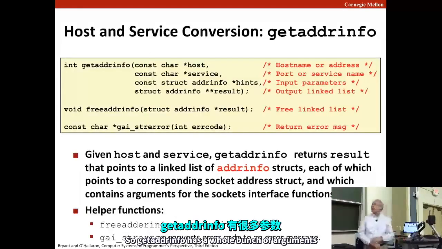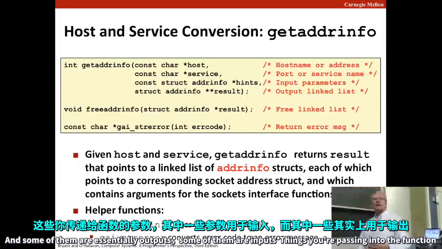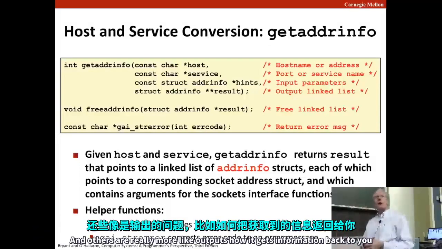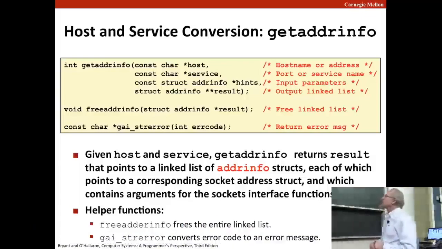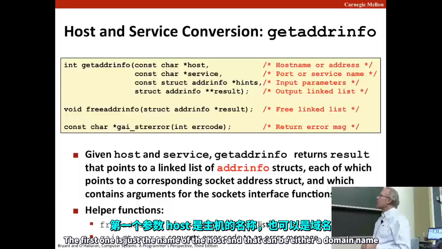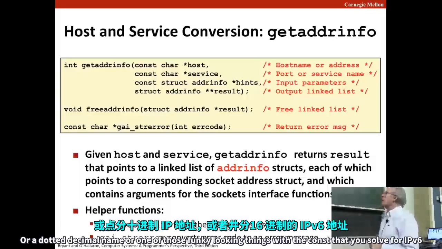So getaddrinfo has a whole bunch of arguments, and some of them are essentially outputs. Some of them are inputs, things you're passing into the function, and others are really more like outputs, how it gets information back to you. So in particular, the first one is just the name of the host, and that can be either a domain name or a dotted decimal name, or one of those funky looking things with the colons that you saw for IPv6.